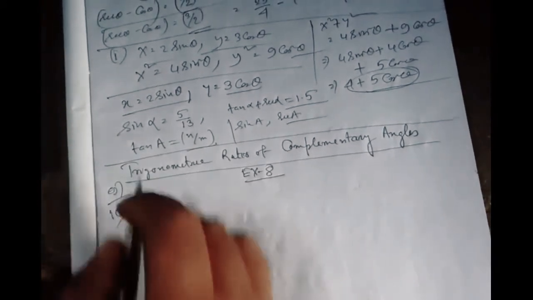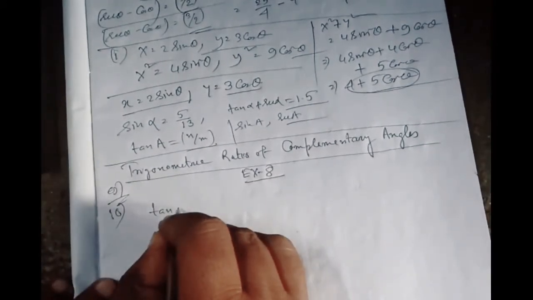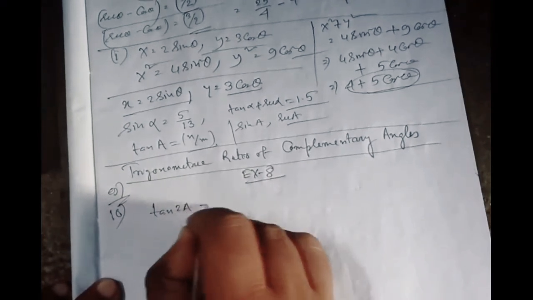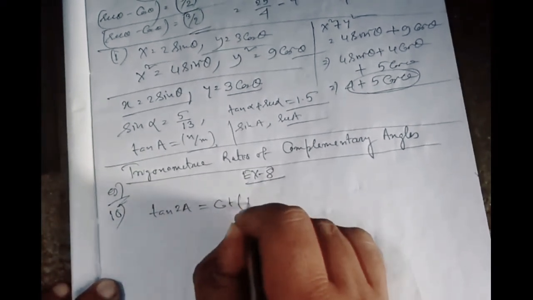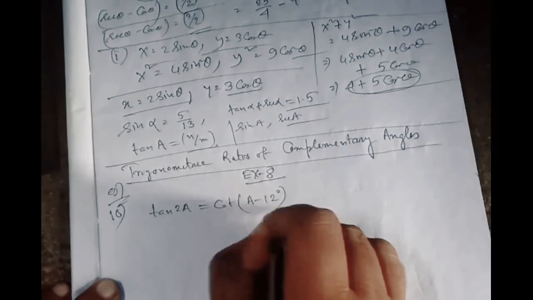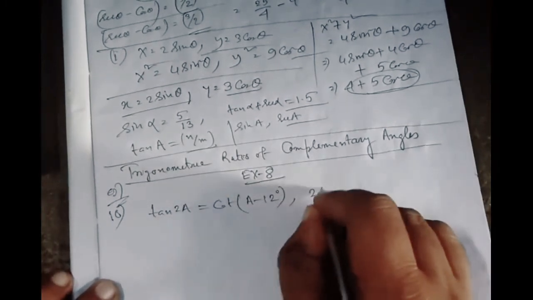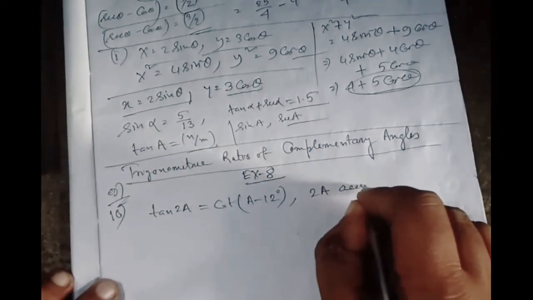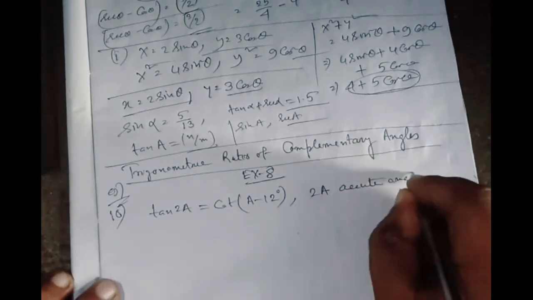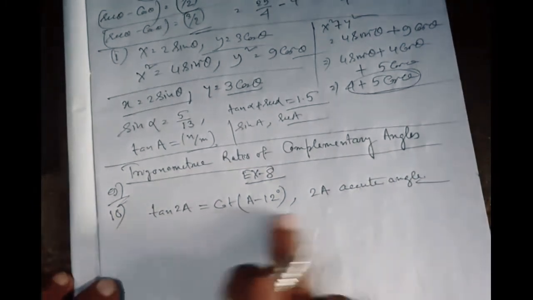If tan 2a is equal to cot a minus 12 degree, where 2a is an acute angle, find the value of a.